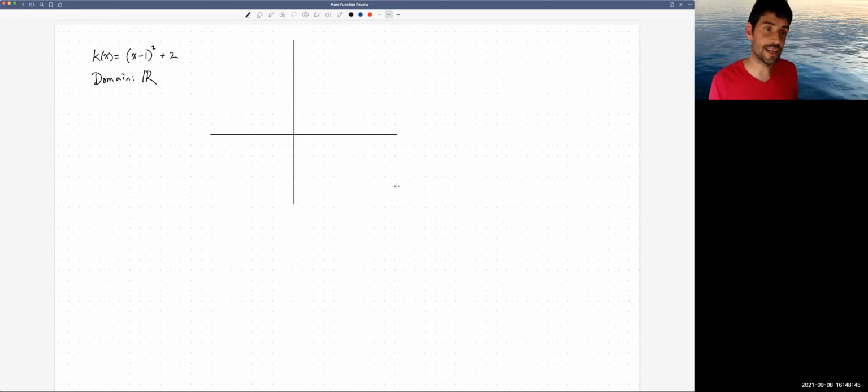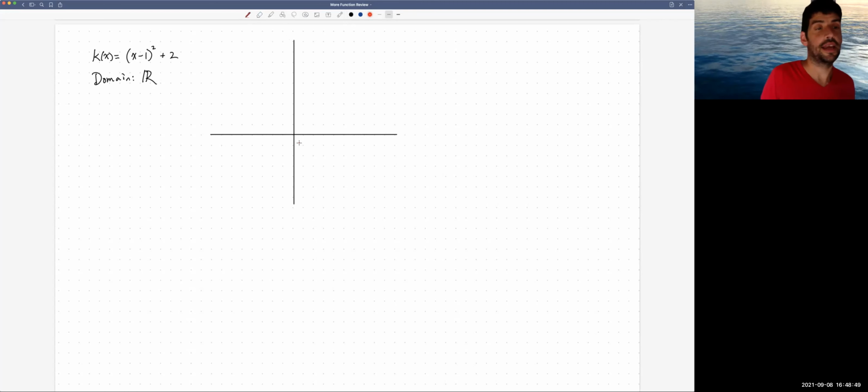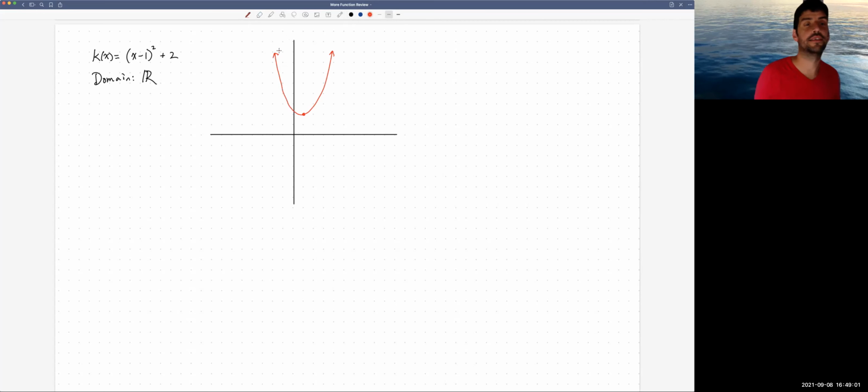This is a quadratic opening upward with a vertex at 1, 2. So it looks roughly like this. Okay. Well, again, let's put this in, this is the point 1, 2.